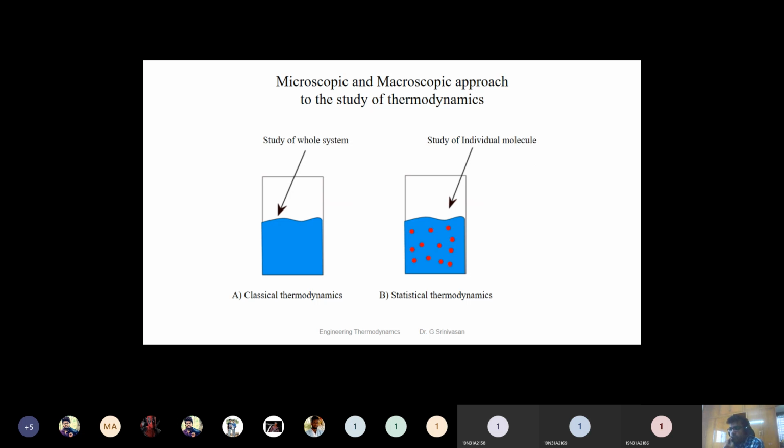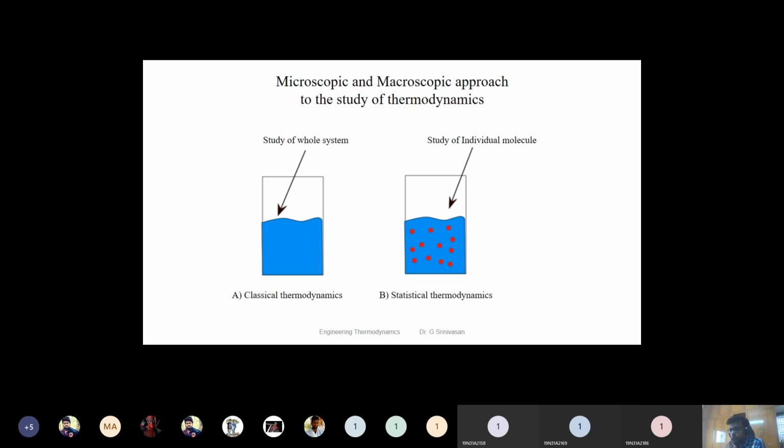There are two ways. One is classical thermodynamics, and the other one is statistical thermodynamics. Statistical thermodynamics deals with independent molecules. You have to look at each individual molecule, or a set of molecules, and through their behavior we can study thermodynamics. But classical thermodynamics deals with the whole system.